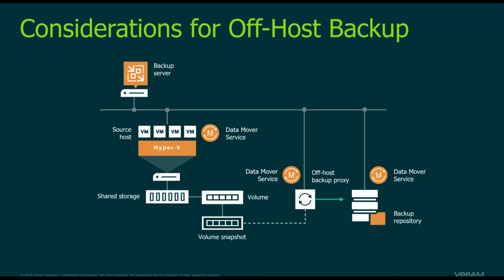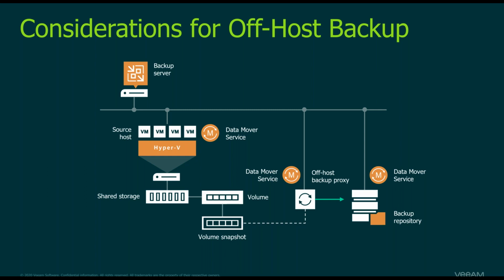But what it allows us to do is essentially trigger that snapshot on the LUN, allowing us to move that LUN over to our off-host backup proxy, where then the off-host backup proxy can read all of that data, right? It then reads all the data and writes that data into the backup repository, right?